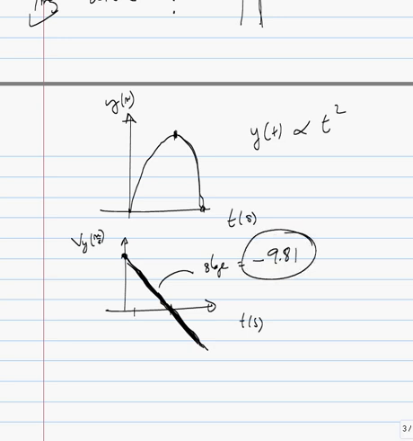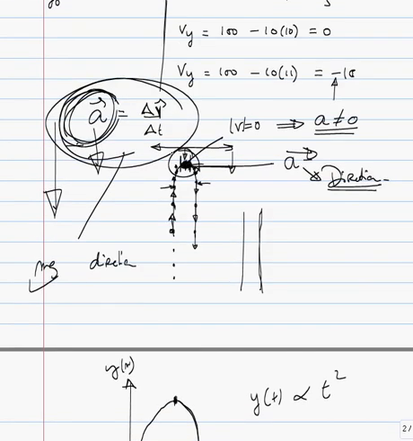So a second later, if the velocity started at 100 meters per second, the magnitude of the velocity would be roughly around 90 meters per second. 2 seconds later, it would be roughly 80 meters per second, and so on and so forth. At this particular point, the velocity happens to be 0, and that was the tipping point right here.